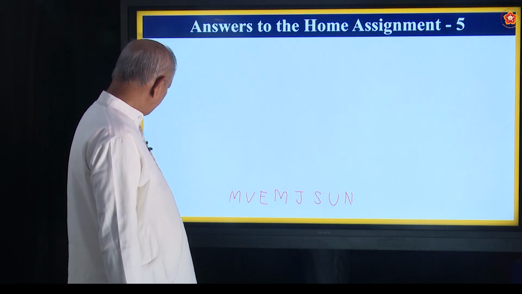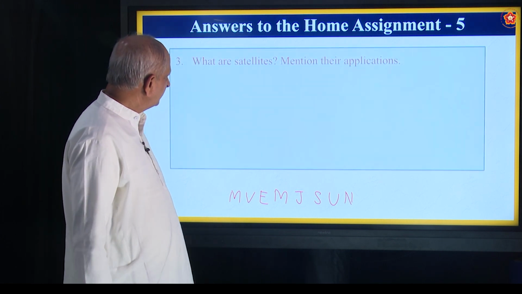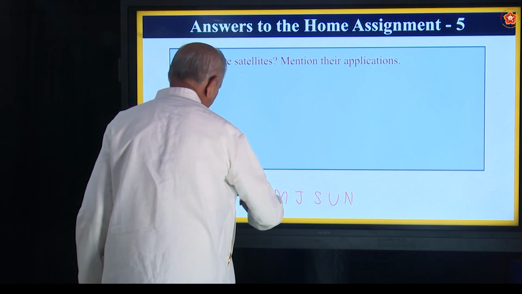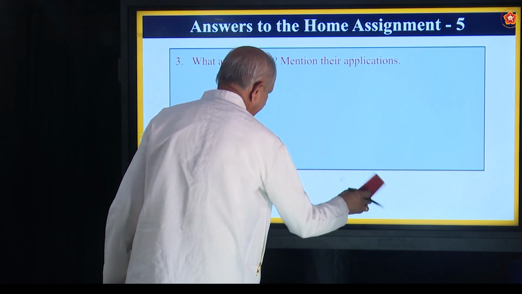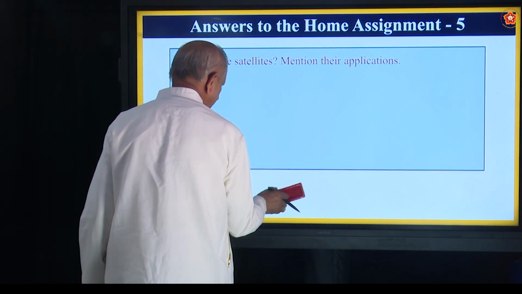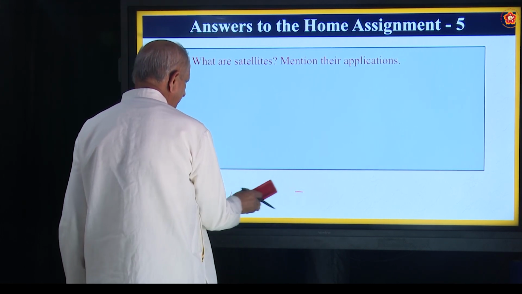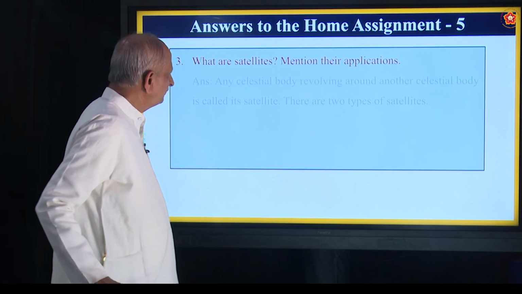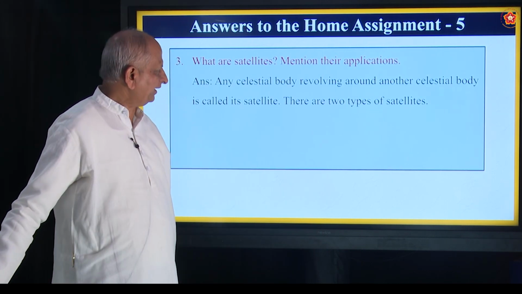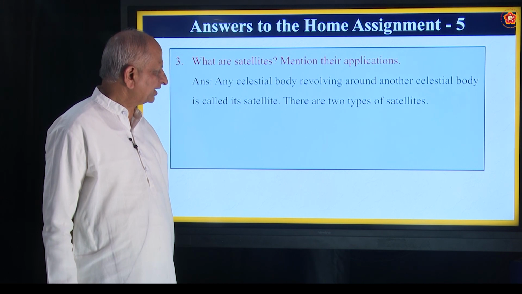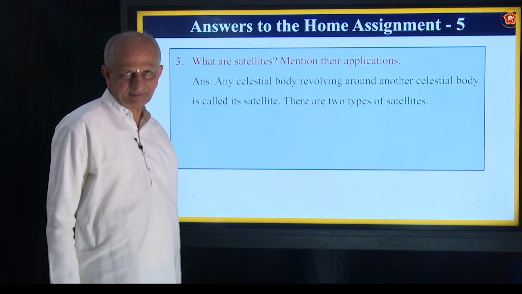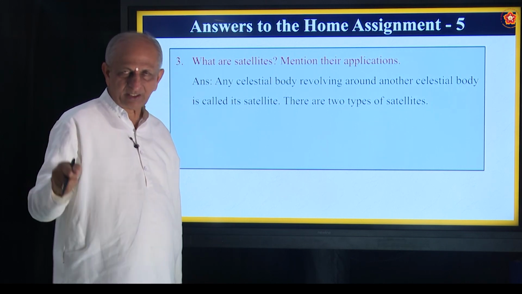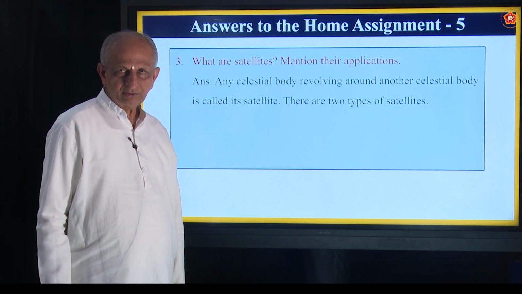Okay. Now coming to the next question, what are satellites? Mention their applications. So what are satellites? Satellites are the celestial body revolving around another celestial body. So one celestial body going around another celestial body.